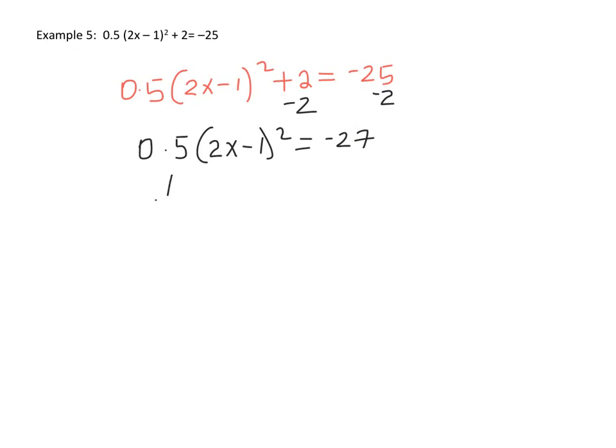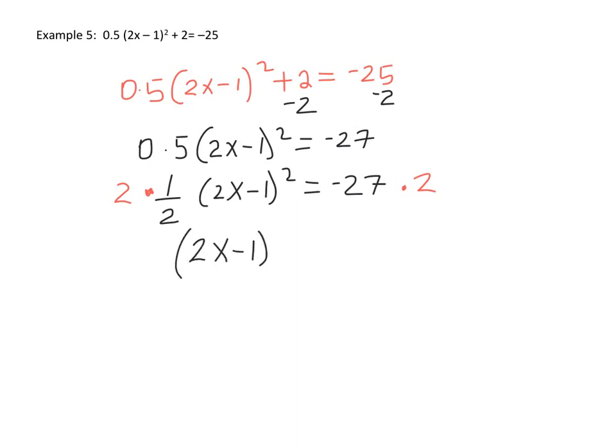Then I'm just going to write this as a fraction, because there's something I want to show you over here. I'm going to get rid of this fraction by multiplying by the reciprocal, so I multiply by 2. So I get 2x minus 1 squared equal to minus 54. Remember, the goal is to isolate the square.